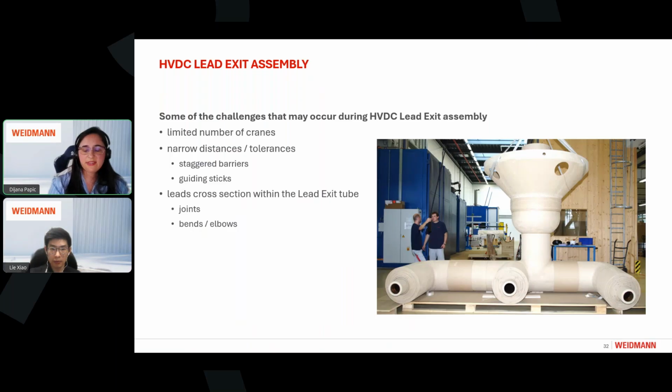The tolerances are very narrow, and tools like guiding sticks and tightened barriers are mandatory in order for everything to fit perfectly together. And as you can see here, there are always some bends and elbows and needed joints for final connection.